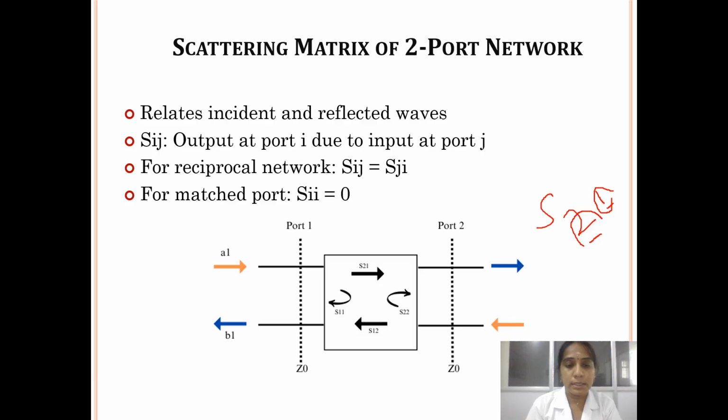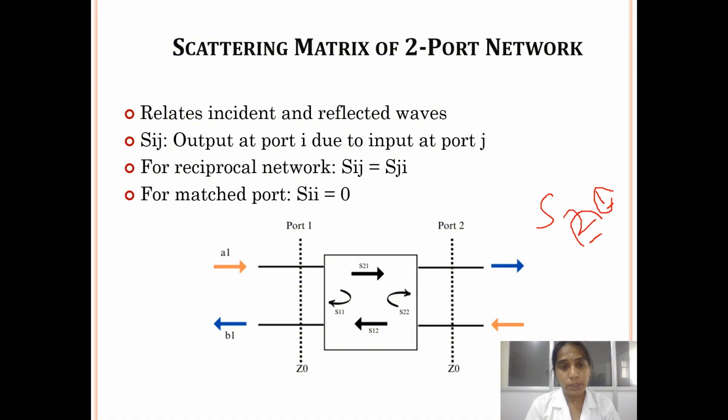Now let us see this diagram. It is a two-port network. Port 1 has an impedance of Z0 and port 2 also has an impedance of Z0. From this figure we can understand that port 1 and port 2 are perfectly matched with each other. These types of networks are called matched ports.